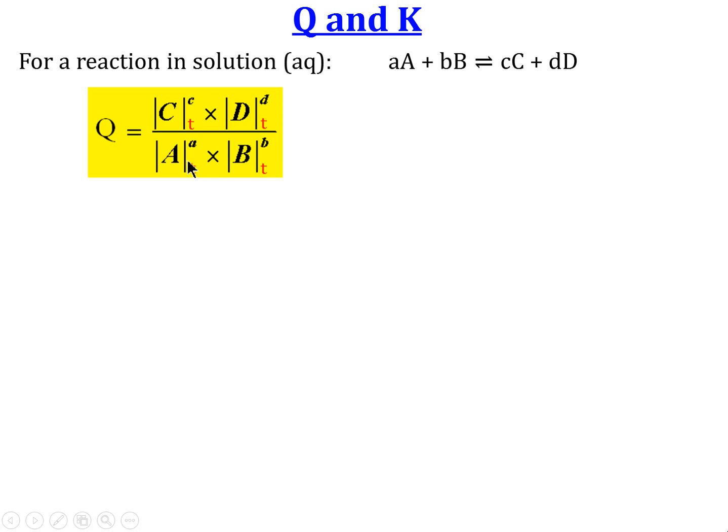So how many values of Q do we have for a reaction? For the reaction, we have infinities of value of Q.